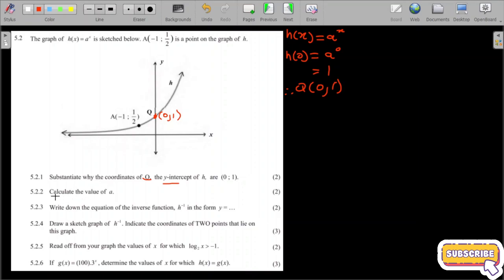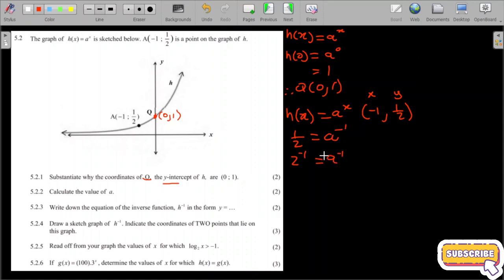Now, let's calculate the value of a. According to this equation, h(x) equals a^x. Now we have a point A, so we're going to substitute. We're going to use that point, which is (-1; 1/2). So this is my x, and this is my y. Taking y here, this is going to be 1/2 equals a^x, and my x is -1. Writing this in exponential form, it's going to be 2^-1 equals a^-1.